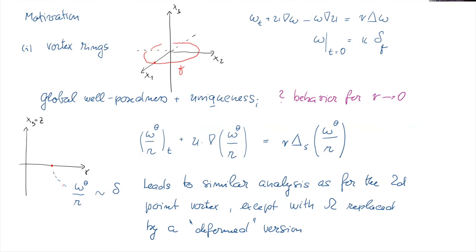Our motivation comes, or one source of our motivation is the study of vortex rings. That's essentially the same initial datum as before, except now the line which we had, right? When we embed the point vortex in 3D, we get a line, and the vorticity is concentrated on a line.